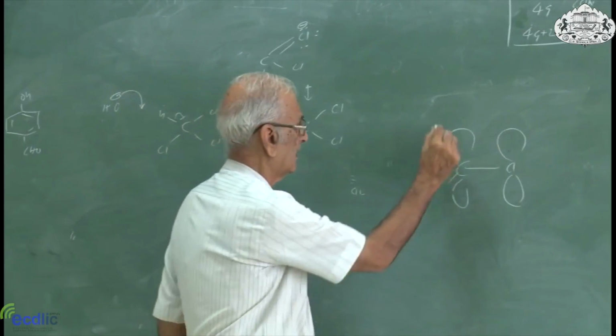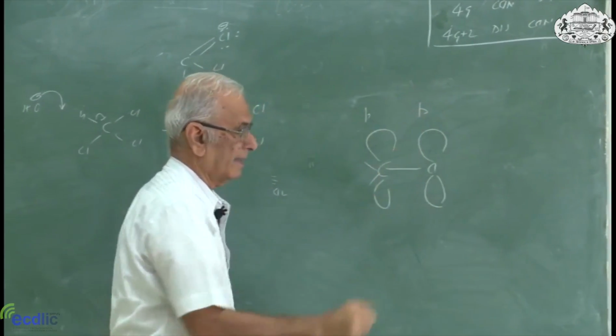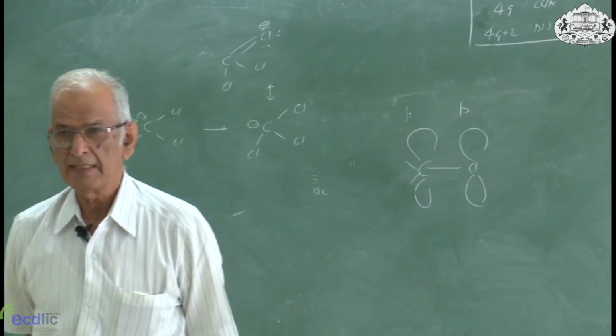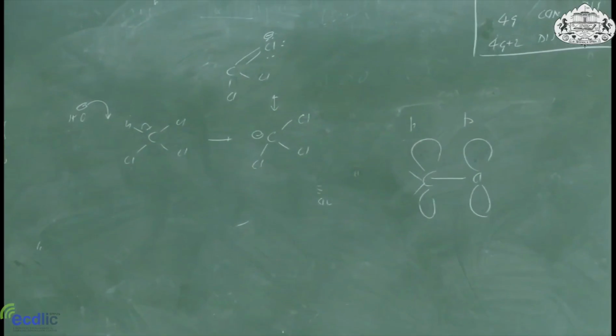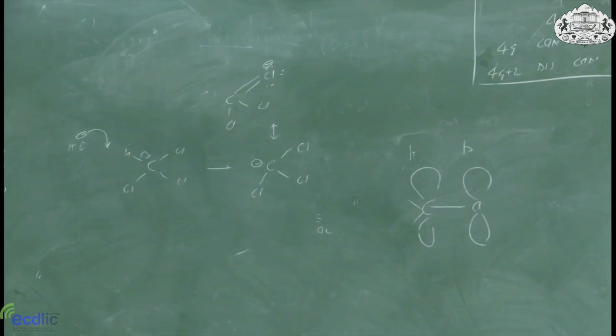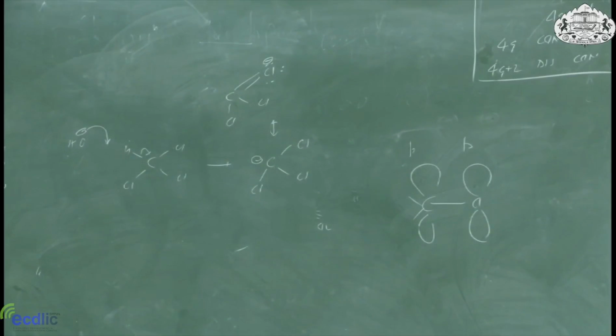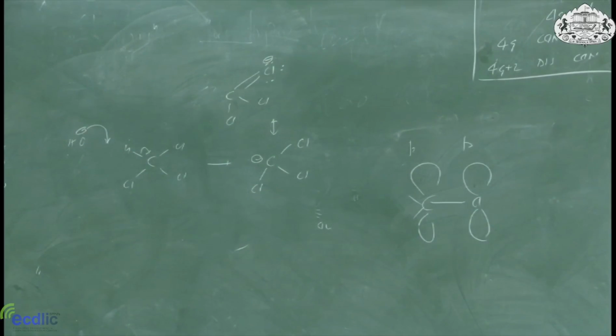Why? This is the pi bond involving p-p overlap. The two orbitals are parallel to each other. Therefore, your pi bond involves a p-p overlap.